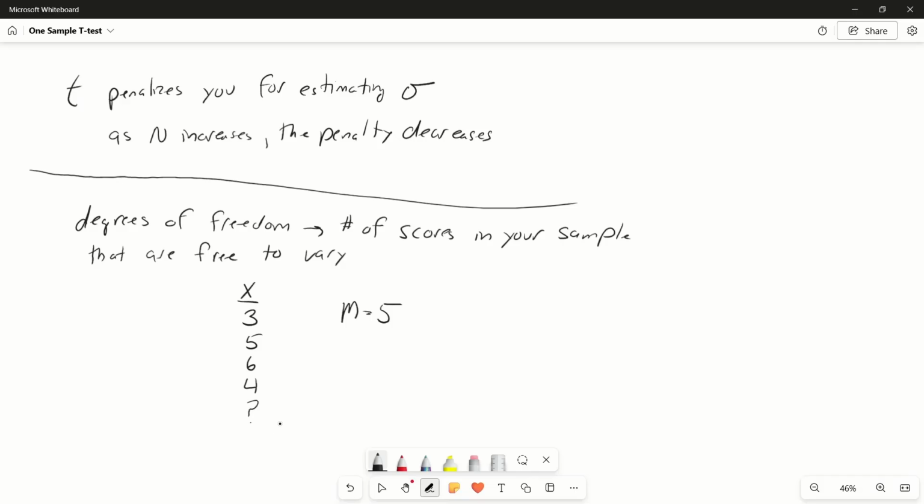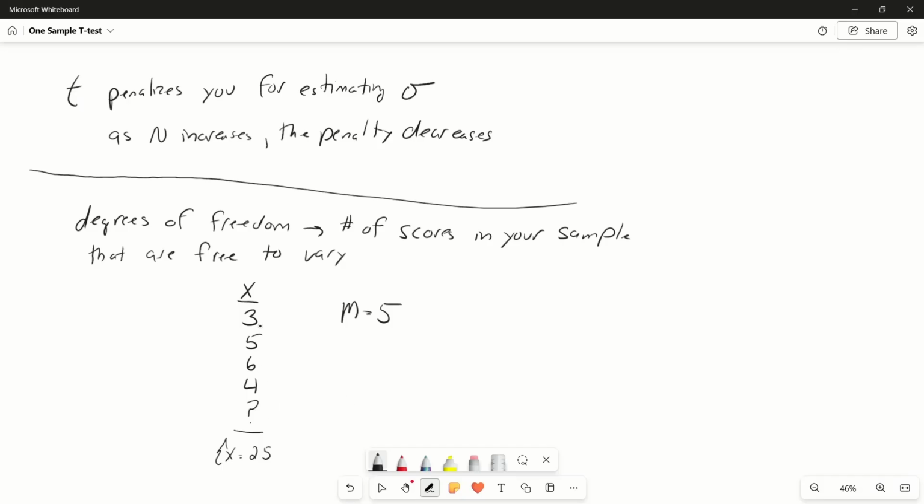Let's call it a question mark. This question mark value is fixed. It is not free to vary because we know that the mean is 5. So if we know that the mean is 5 and there are 5 scores, then we know that the sum of X is 25. So we know that this column adds up to 25.